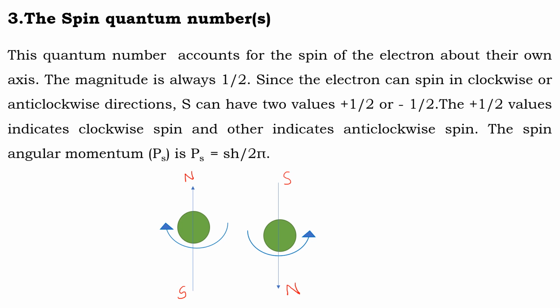Since the electron can spin clockwise or anticlockwise, S can have two values, plus half or minus half. Plus half indicates a clockwise spin, represented by an arrow pointing upward, and minus half indicates an anticlockwise spin, represented by an arrow pointing downward. The spin angular momentum is represented by Sh divided by 2 pi.